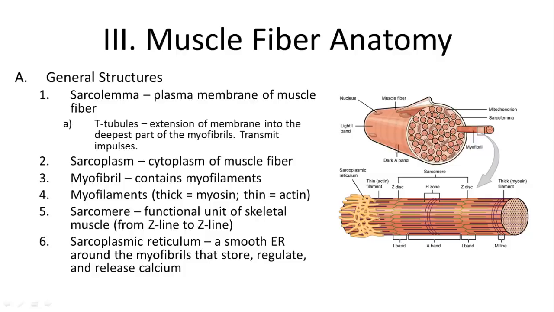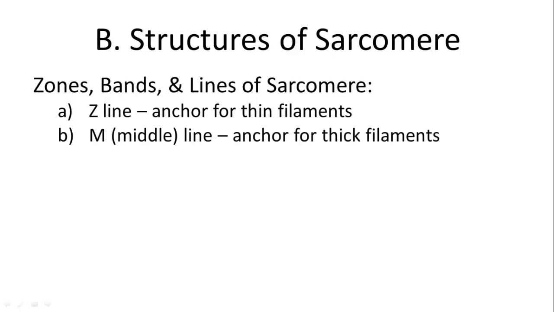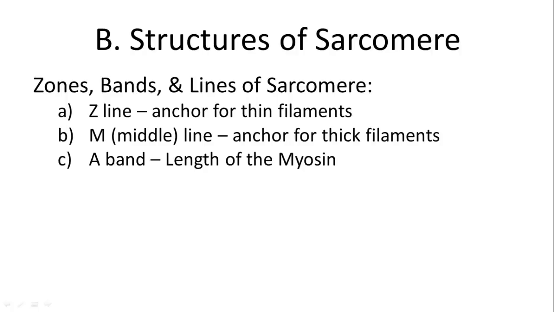When you break these into different parts, they're all labeled here: Z disc, H zone, A band, I band. What do these mean? Well, the Z line is the anchor for the thin filaments where they are connected together. The M line, or the middle line, is just the anchor for the thick filaments, and it's not actually a physical structure, but just kind of an imaginary line. The A band is the length of the myosin, and the I band is the length across the sarcomere which only has actin.